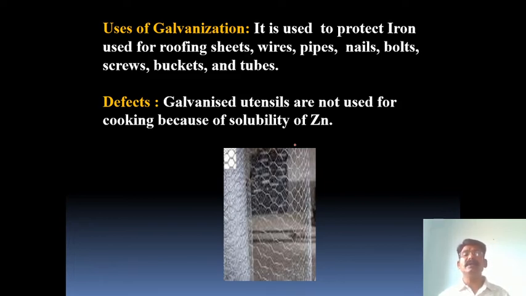Galvanized utensils are not used for cooking because of the solubility of zinc. Because of the low melting point, whenever you are cooking, the zinc slowly dissolves in water and it gets poisoned.